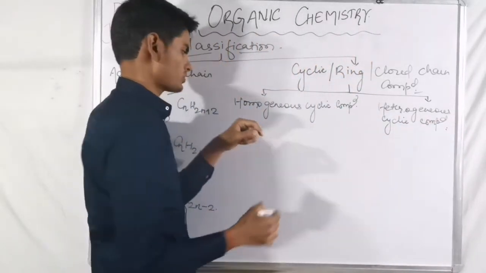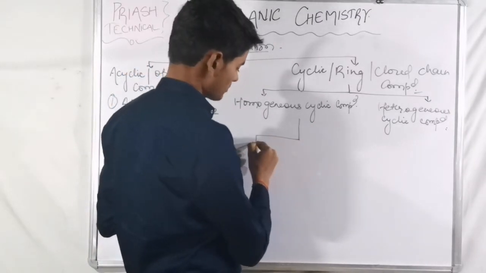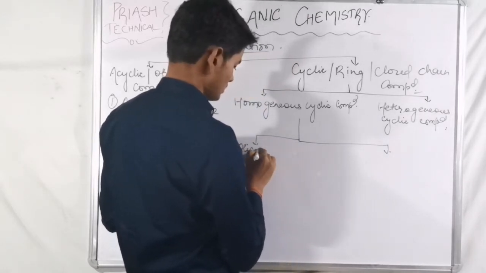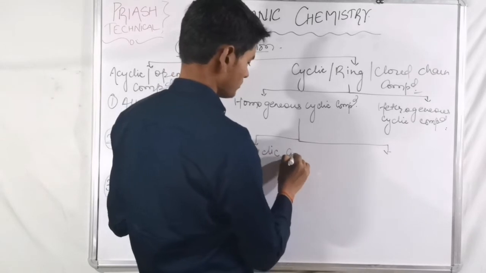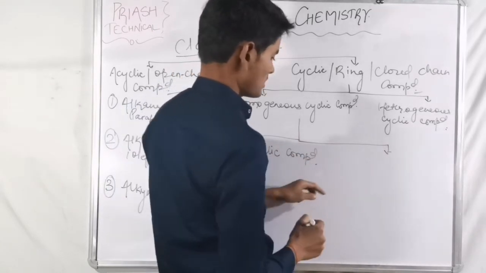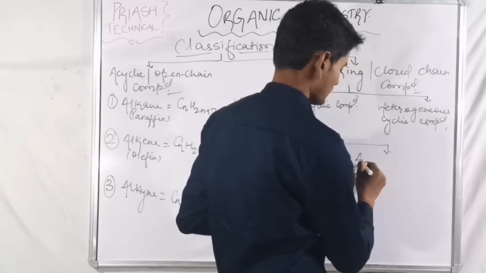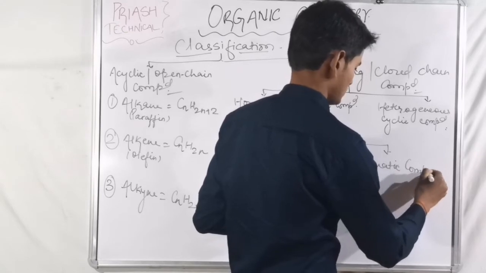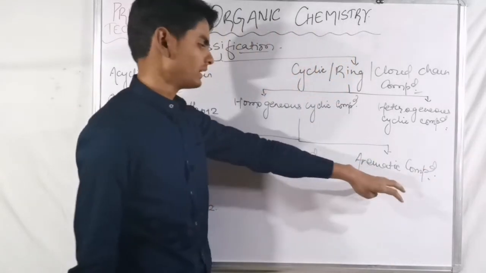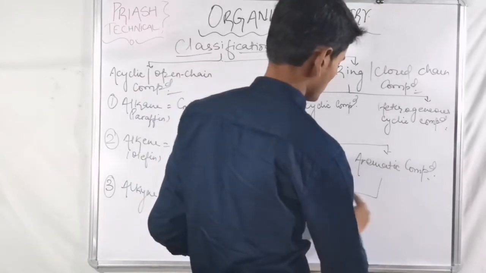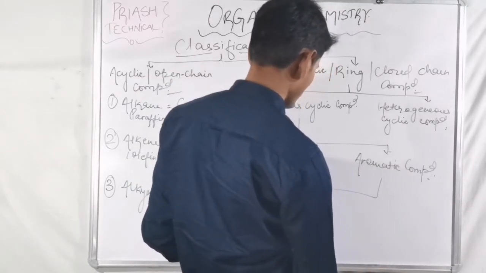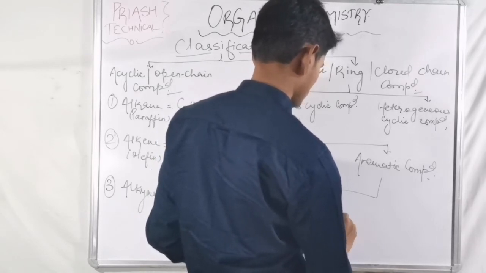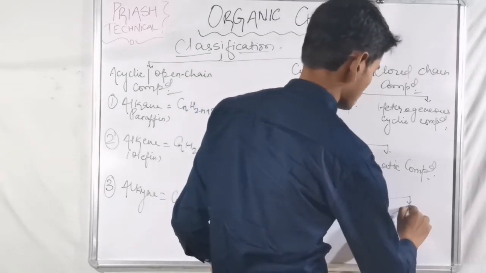Homogeneous compounds are again divided into two types, that is alicyclic compound and aromatic compound. Again, aromatic compound is divided into two types, that is benzenoid and non-benzenoid.